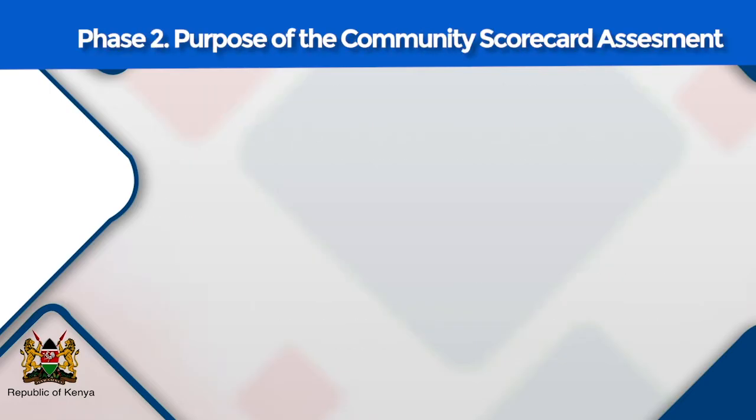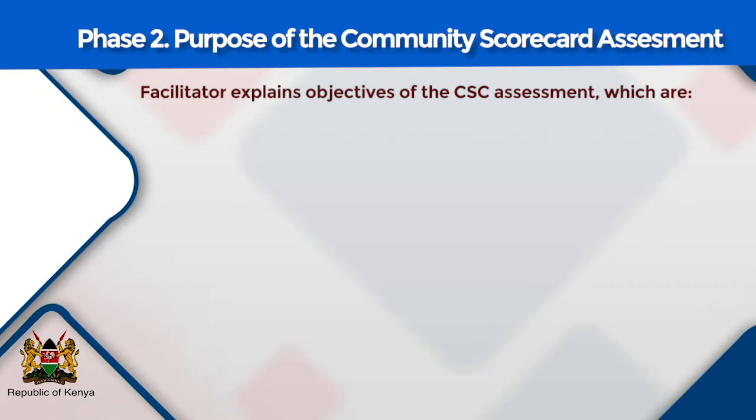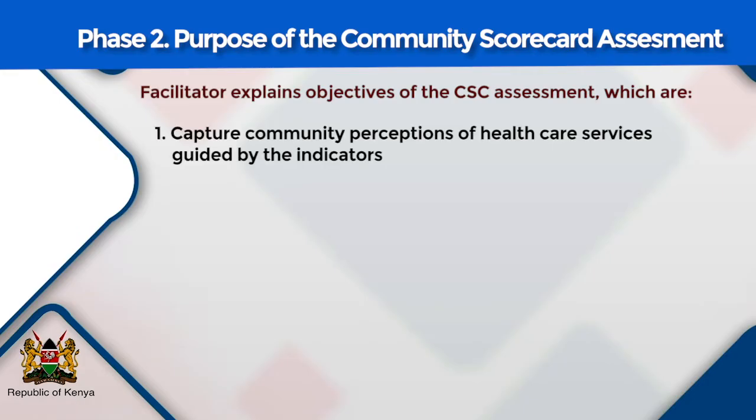Phase 2. Purpose of the community scorecard assessment. The facilitator explains the objectives of the community scorecard assessment, which are: 1. Capture community perceptions on healthcare services guided by the indicators. 2.